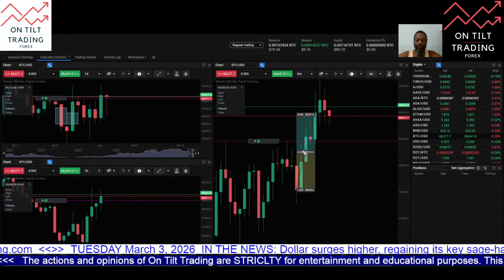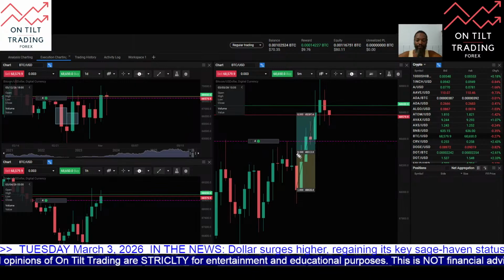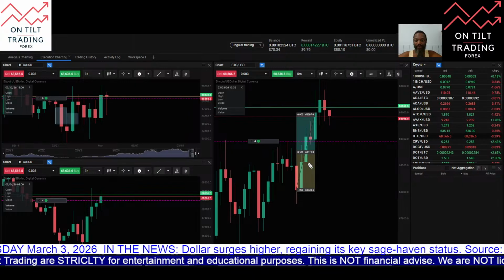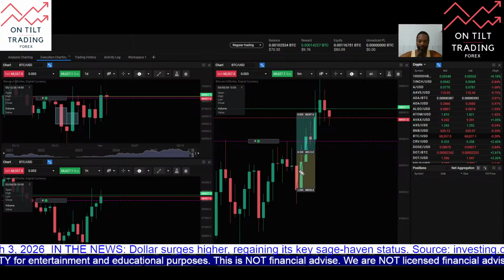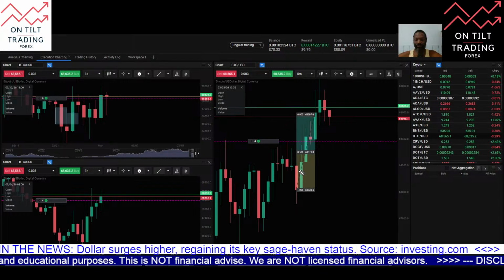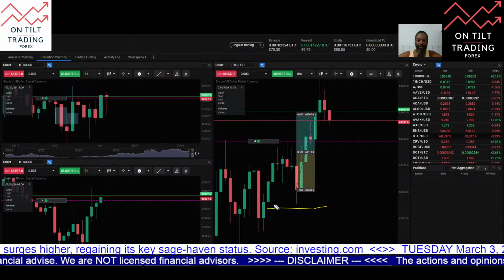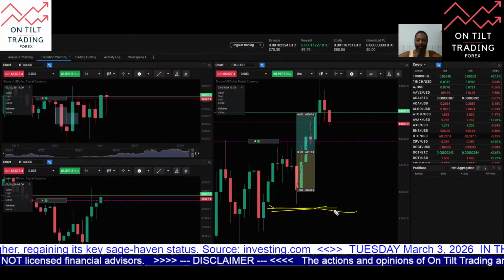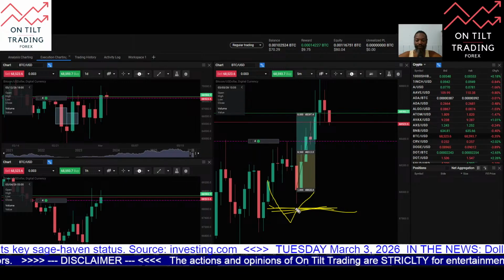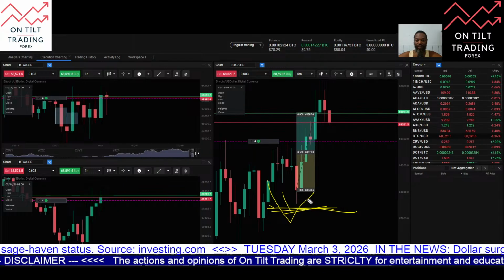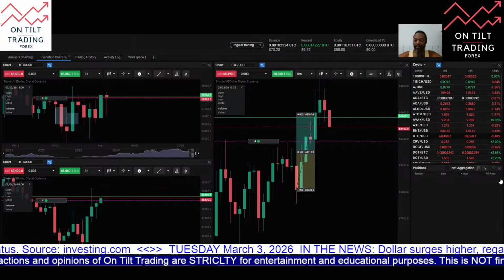But I look for the most recent market structure shift in the kill zone. So I want to see a kill zone market structure shift or break of structure in the trade direction in order to take an entry. And I have stop loss below this. This is also the 15-minute swing low here, so I have that also set.